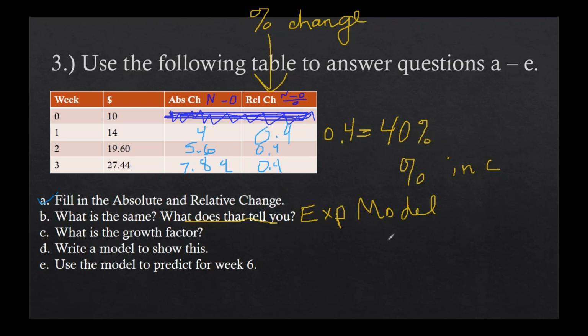So now, how do we find the growth factor? And this is what I think Noah already put up there. Remember from the previous page, the growth factor is 1 plus the percent increase. So in this case, we're going to take 1 plus 40%, which is 0.4, which makes our growth factor 1.4.